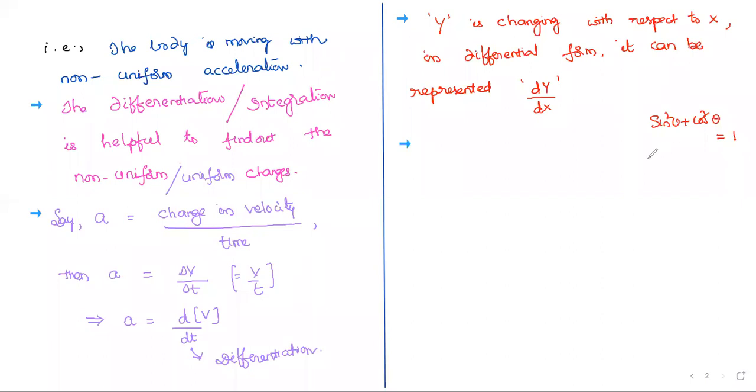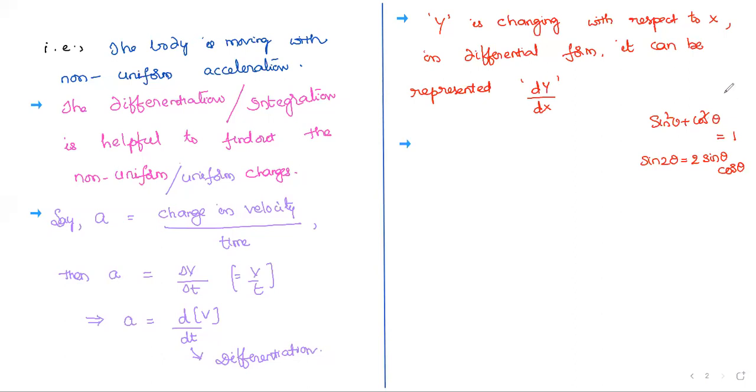In the same way, like sine 2 theta, if somewhere in our physics we get one formula, immediately mathematics professors provided a formula for us: 2 sine theta cos theta. These are all the trigonometric formulae which are helpful for us in our physics.